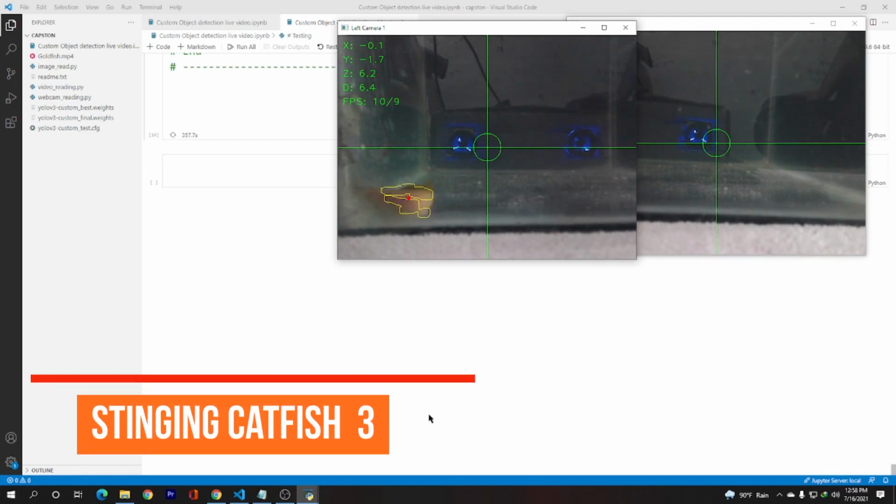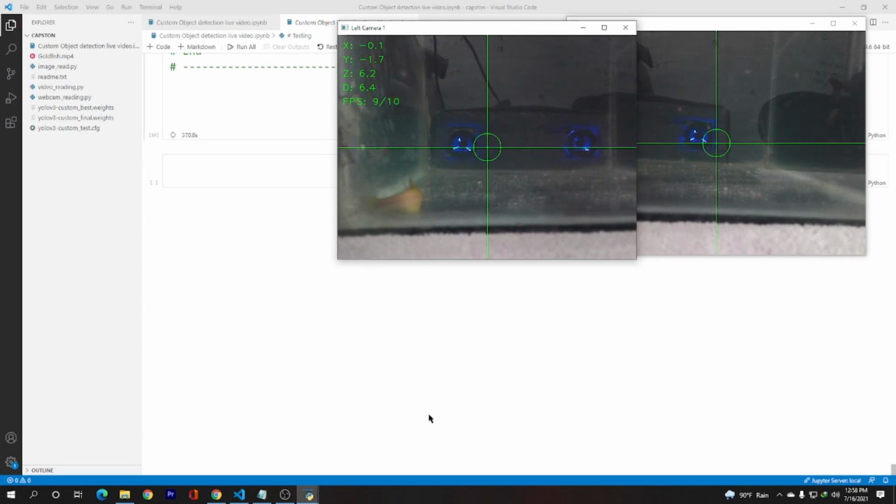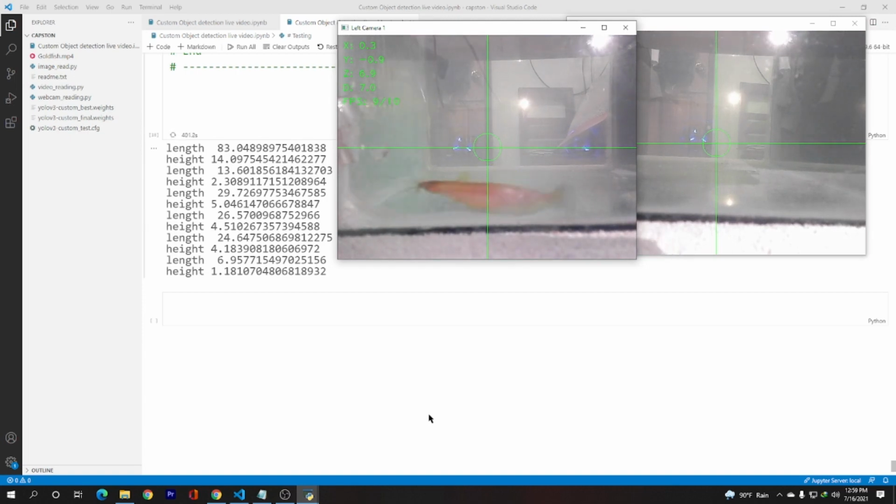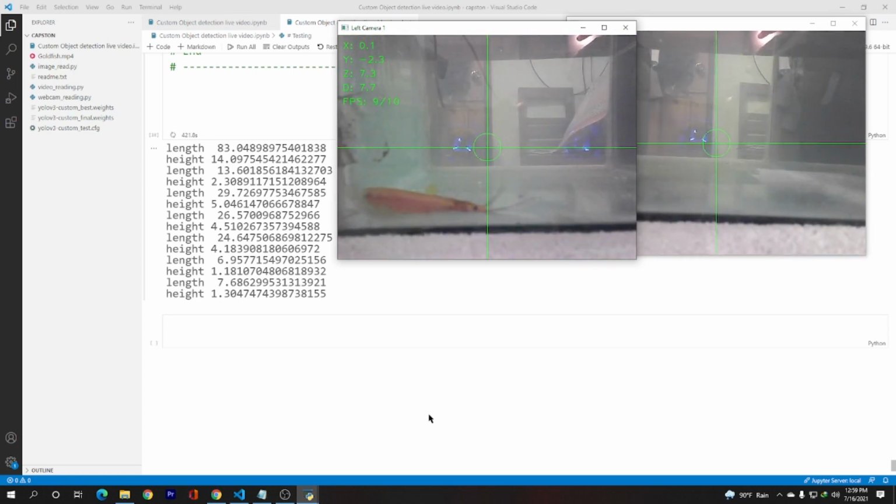This is our another fish sample. For fourth fish sample, our model is provide 5 to 9 centimeter length and 2 to 4 centimeter height.